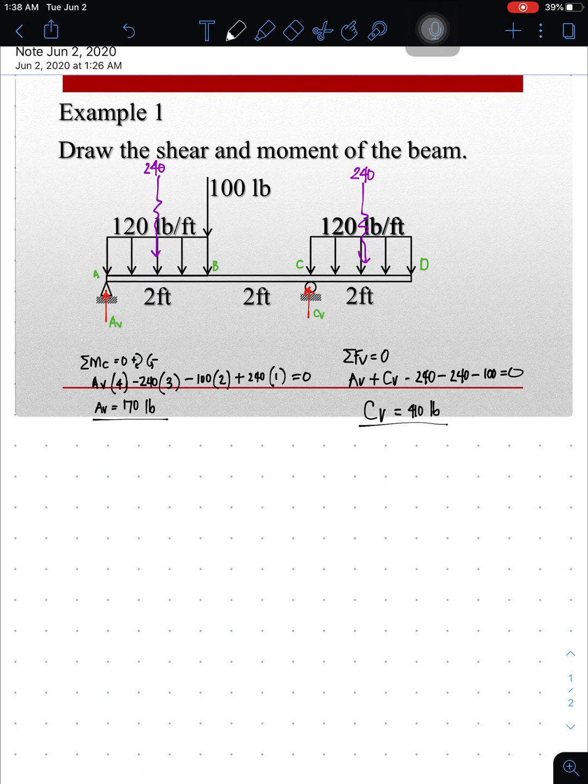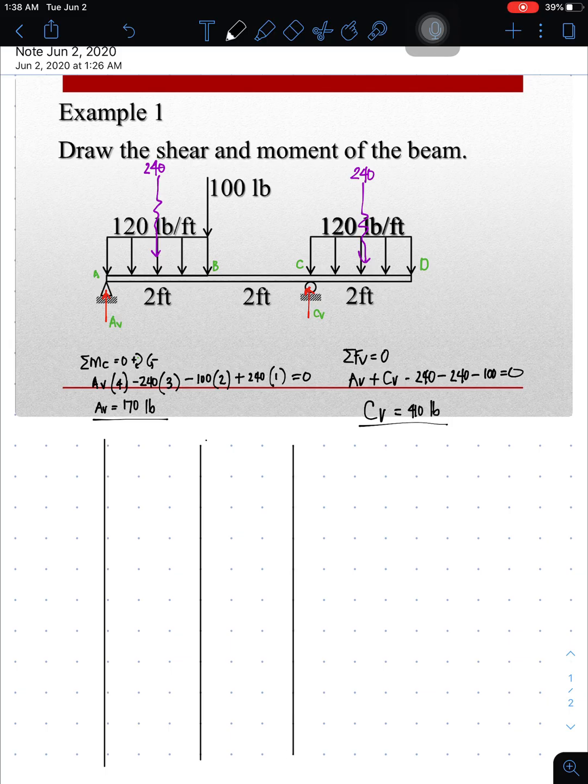So what we are going to do here is leave a space for this portion. I will just make a vertical line representing the line for A, and then here for B, and then this one for C, and this one here for D. As I said earlier, this line is the zero shear line.